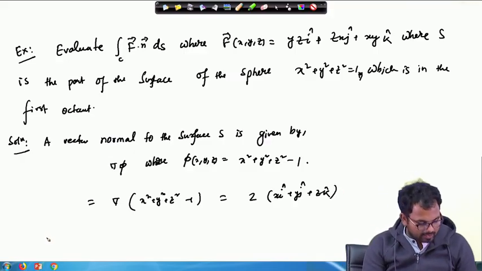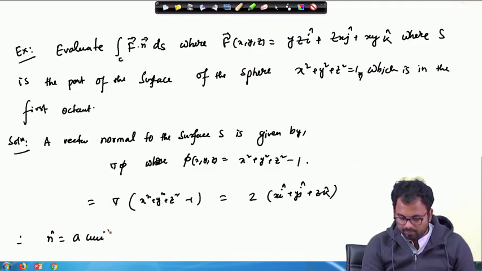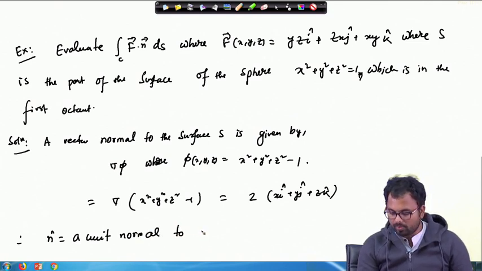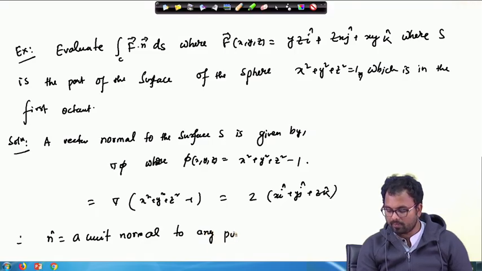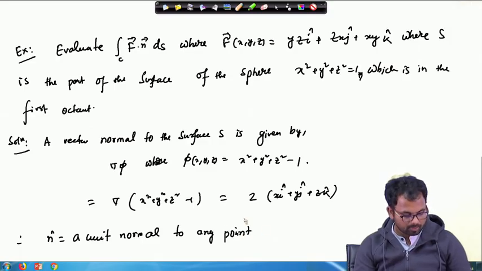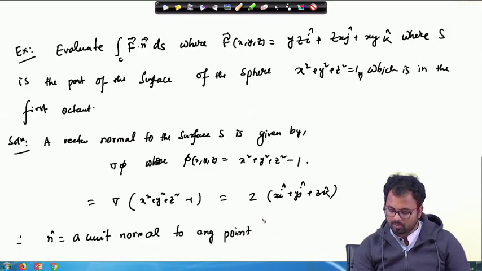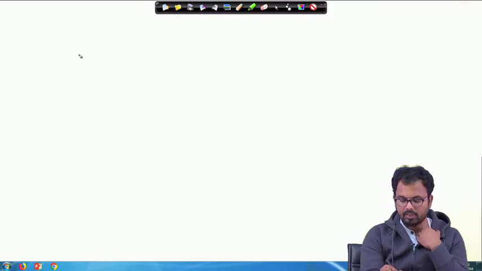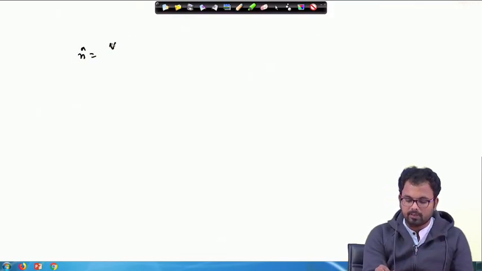To calculate n cap, a unit normal to any point x y z is basically n equals grad phi divided by the magnitude of gradient of phi.